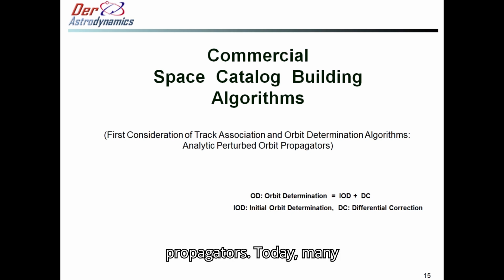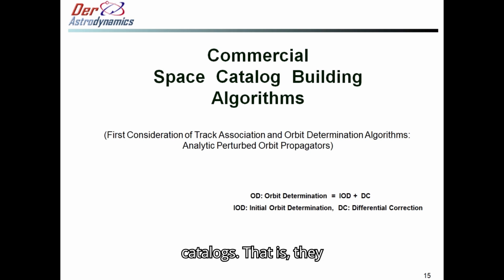Today, many commercial space companies claim that they are building their commercial SP space catalogs. However, if they are using SGP4 for analytic orbit propagation in track association, conjunction, and collision analysis, they are also building their second, TLE, space catalogs.